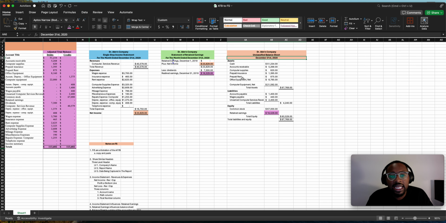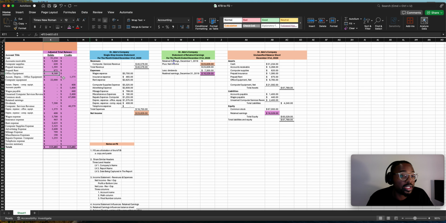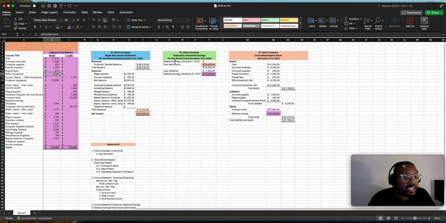However, this office equipment is not truly $8,160. That is the value of it when we first got it, but we have to net it against what we've been tracking as the depreciation of that asset.